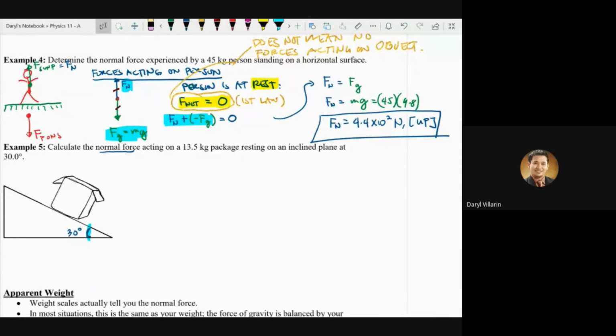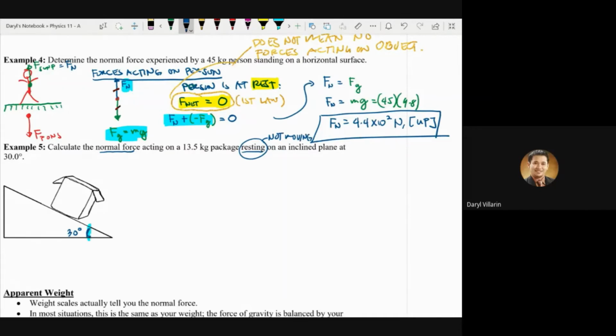But still, you need to remember the definition of a normal force, right? Normal force is a force perpendicular to the surface. So let's examine the free body diagram. It's resting, so that means it's not moving.